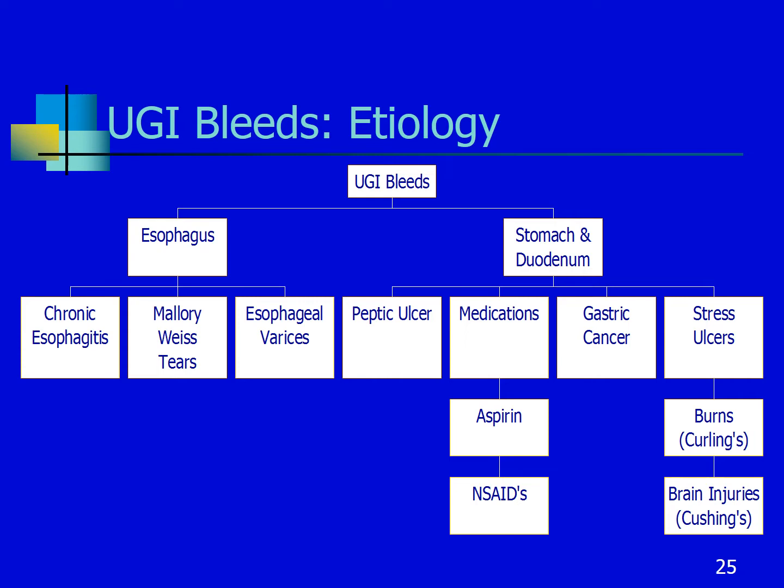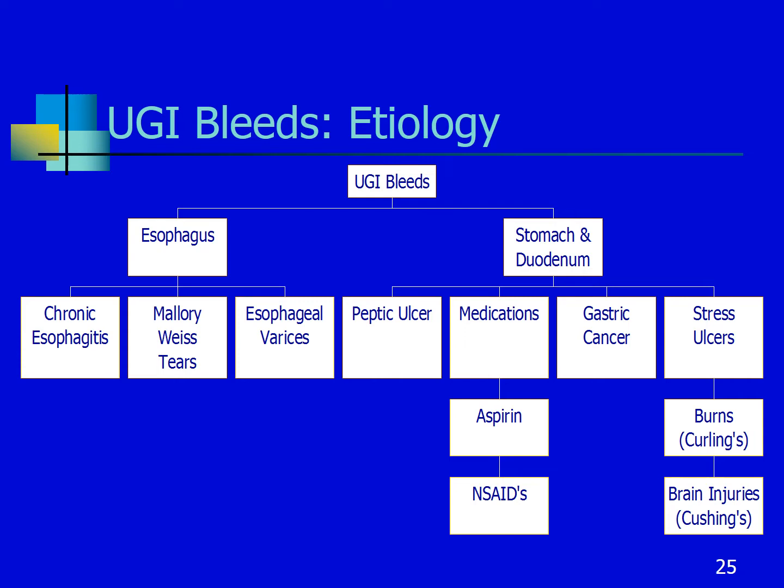Stress ulcers can be from either a client who has burns or a client that has head injury, right? So what happens with the burn injury is that the acute gastric erosion reduces the plasma volume, right? And it happens in brain injuries as well. So if it's burn, we call it Curling ulcer. If it's brain injury, we call it Cushing ulcer.